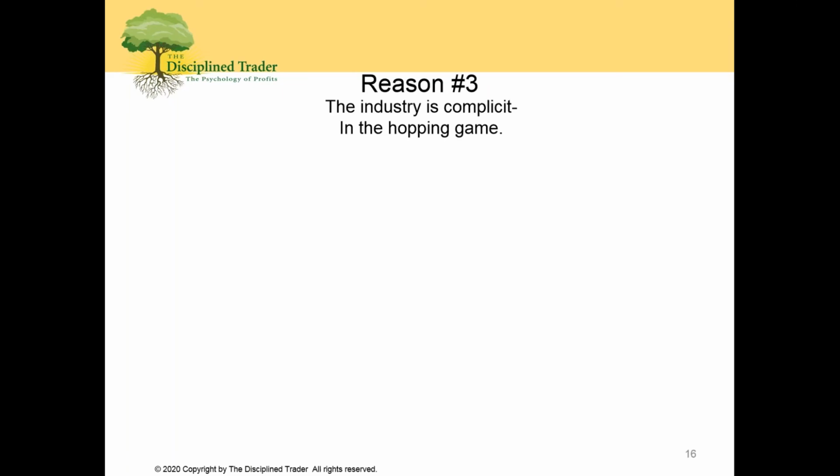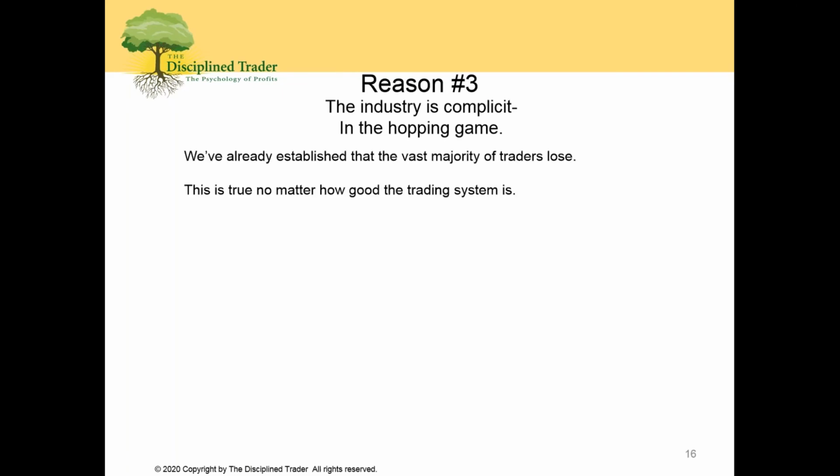And the third reason is that the industry is complicit in what I call the hopping game. We've already established that the vast majority of traders lose. It's true no matter how good the trading system is. You've all probably owned several trading systems that would work for you, but you're still losing.